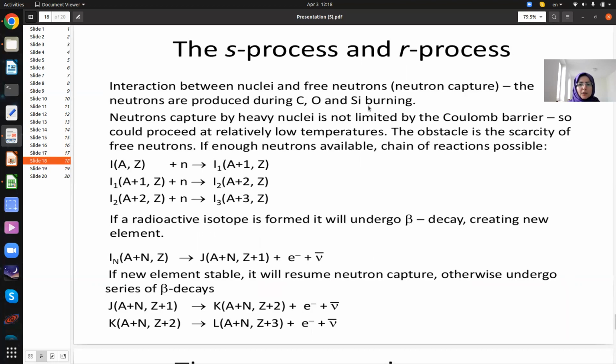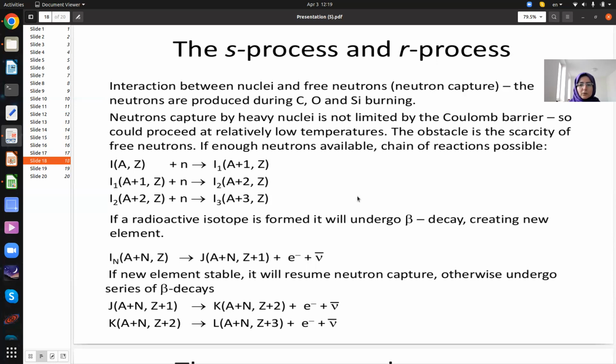The S process and R process. Interaction between nuclei and free neutrons, neutron capture. The neutrons are produced during carbon, oxygen, and silicon burning. Neutron capture by heavy nuclei is not limited by the Coulomb barrier, so it could proceed at relatively low temperatures. The obstacle is the scarcity of free neutrons.